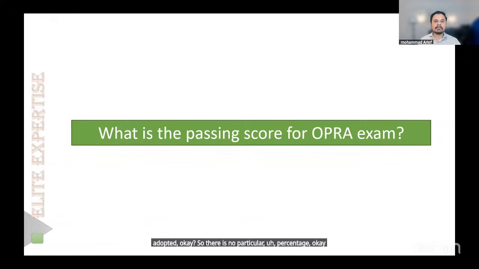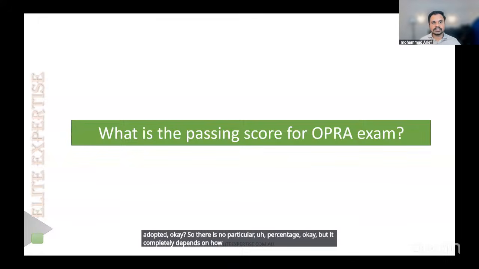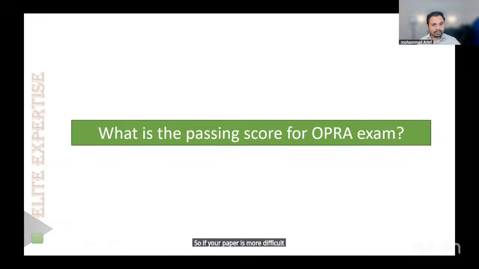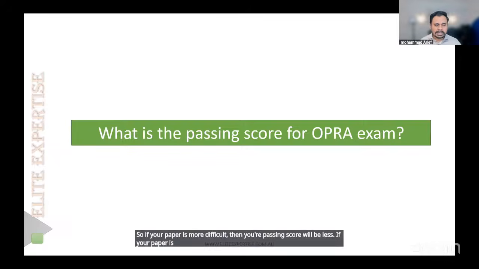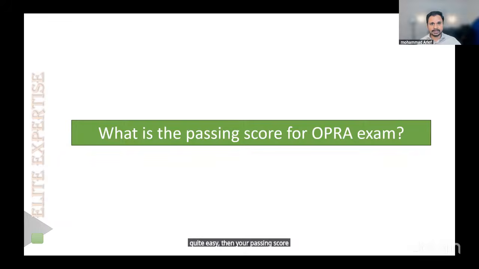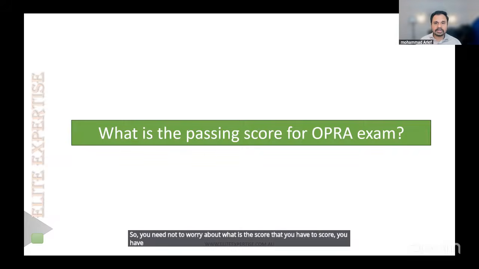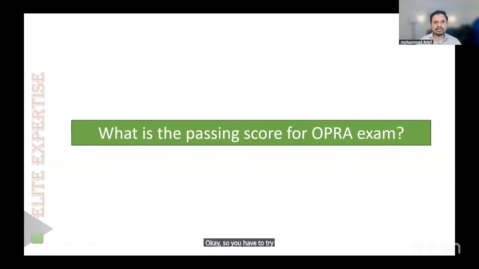It completely depends on how difficult your paper is. If your paper is more difficult, then your passing score will be lower. If your paper is quite easy, then your passing score will increase. So you need not worry about what score you have to get; you just have to worry about how best you perform, and give your best.